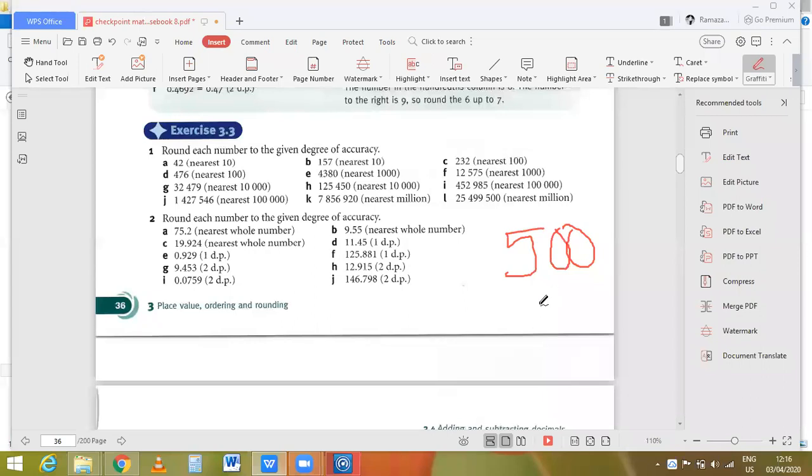You don't need to do anything about this. But it depends on the question, like nearest 100, nearest 1,000? I don't know which question you're asking.